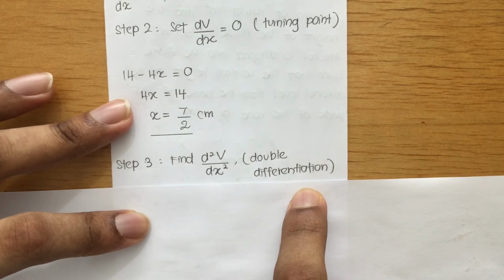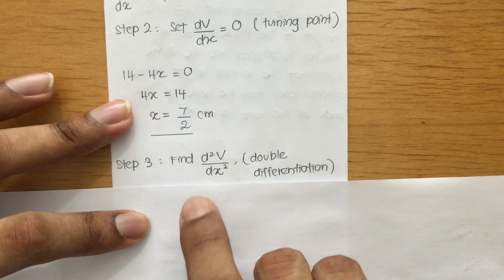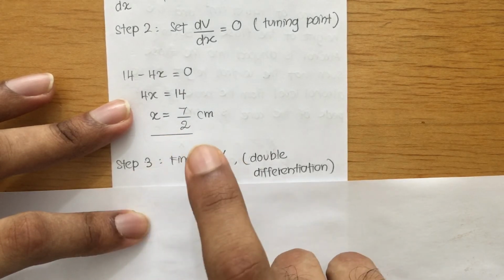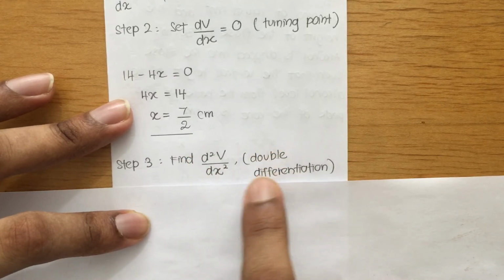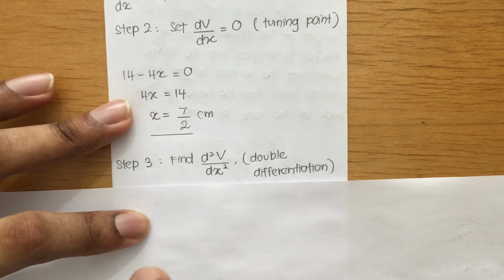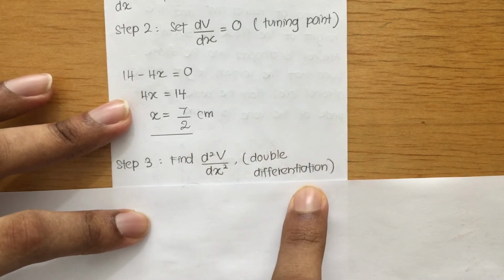When you do the double differentiation, if you get a negative answer, that means your respective x value will give a maximum value. But if you get a positive value, that means your turning point will give you a minimum value. I hope you understand this concept, double differentiation.